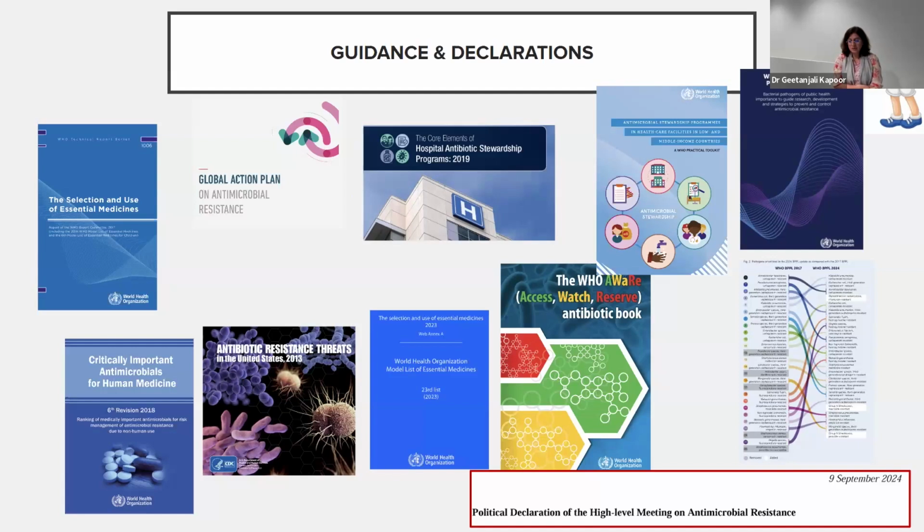Again, the purpose of my discussion today is to give you an overview of AMR. AMR is not just one thing, it has a lot of technicalities around it, and that's what we have just discussed. Also, for you, from a global health perspective, to be aware of the various documents.